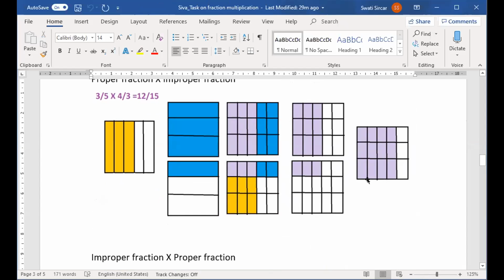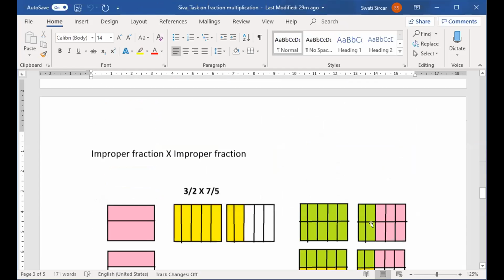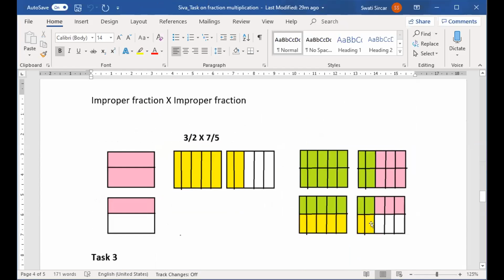Here it worked out because you had a 3 here and a 3 here, but it may not work out always. This was the improper times improper, where the color scheme has changed, but that doesn't matter. The same thing goes on. So this is an example of a very good visual.